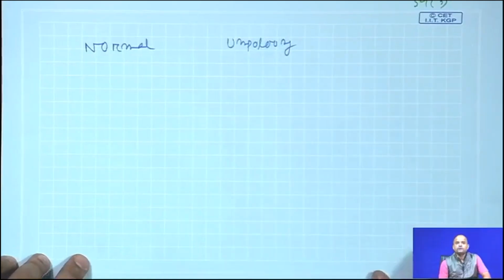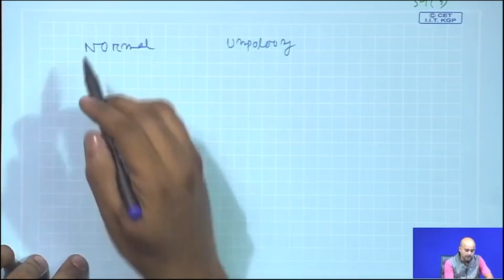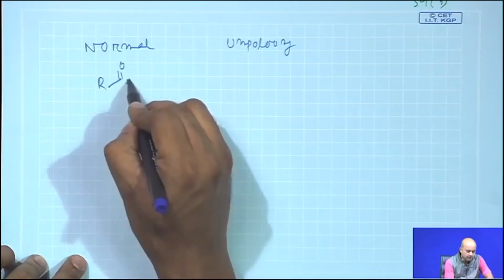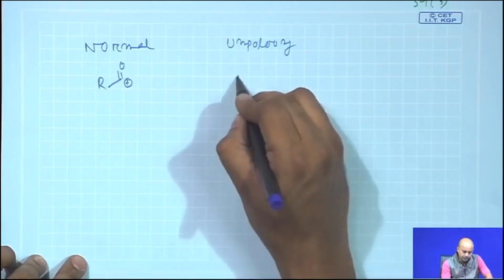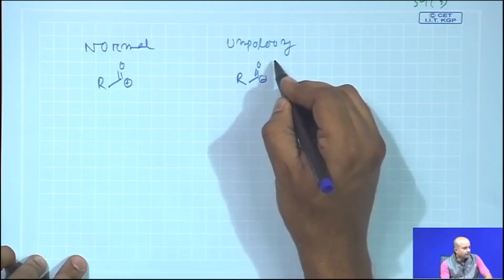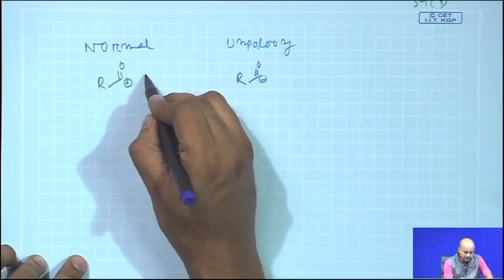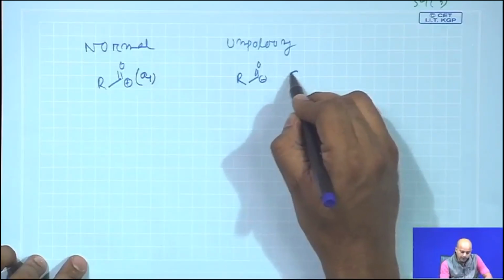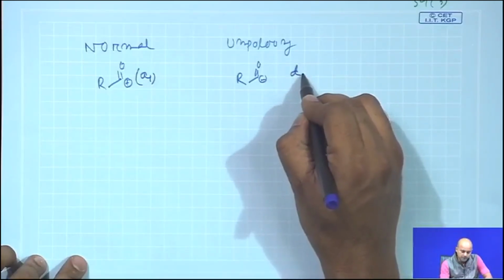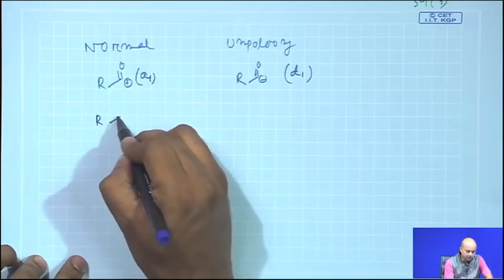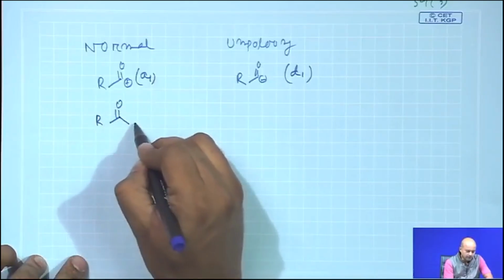As I said, synthons are usually not commercially available; you need to prepare them in the lab. So I am saying the acyl cation is a normal synthon, but if you have an acyl anion, it is umpolung. The acyl cation is referred to as A1 and the umpolung acyl anion is referred to as D1. Next, the enolate.